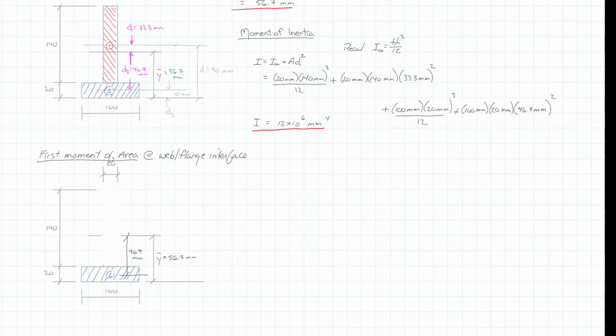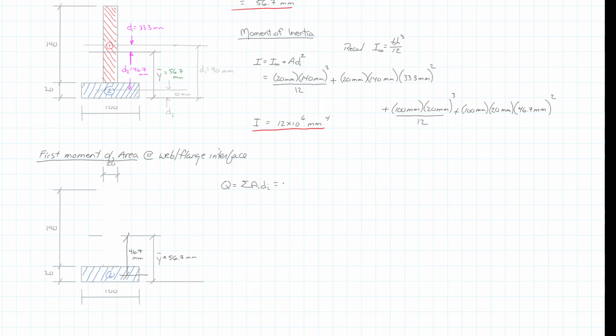And that's about all we really need to get through this specific calculation. And so our value Q is equal to the sum of A sub i, d sub i for the first moment of area. And so we only have one side or the other of that interface line, so we're going below it in this case.